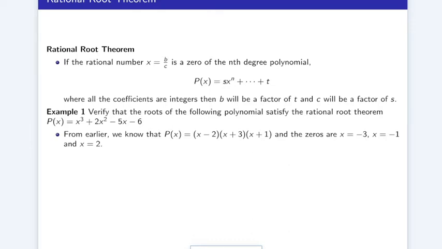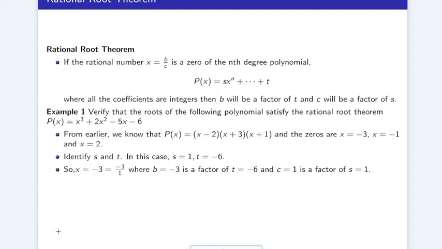Now to verify the rational root theorem, first we need to know what s and t are. In this case, s is 1, because the cubic is the term with the highest degree and its coefficient is 1, and the constant term is -6, so t equals -6.